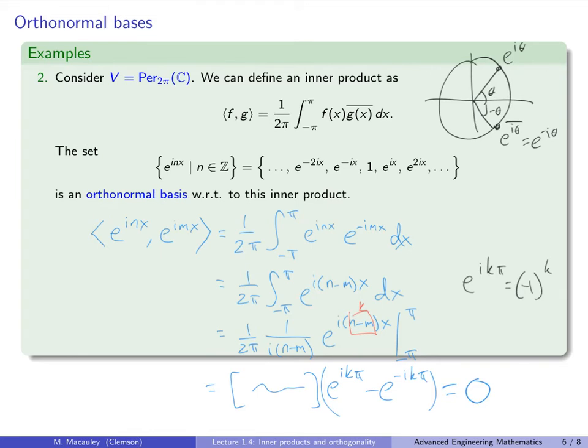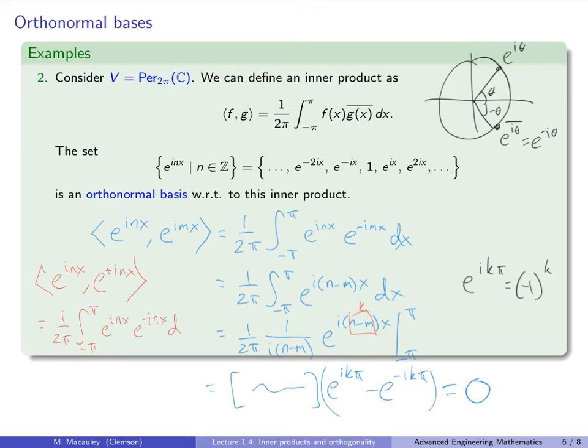Let's check that each of these has norm 1. So let's take e to the i n x dot e to the positive i n x. Well, this, by definition, is 1 over 2 pi times the integral from negative pi to pi of e to the i n x times e to the minus i n x.